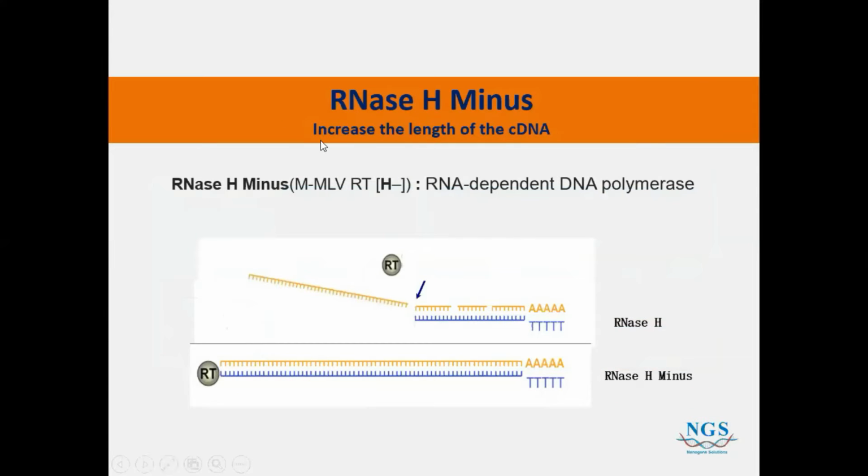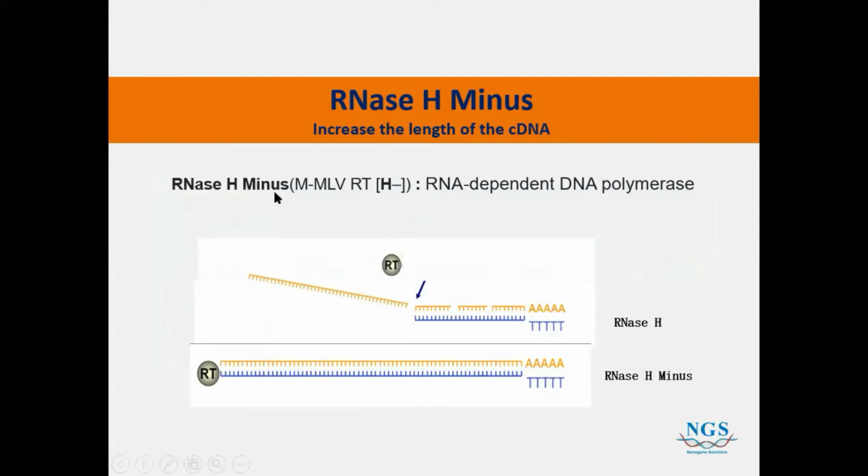So now we talk about RNase H minus. RNase H activity will actually degrade your RNA template. It will cut your template into fragments. So if you have RNA fragments, you won't get your full-length cDNA, okay?